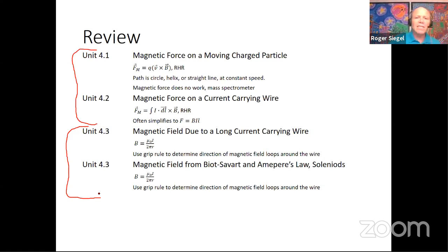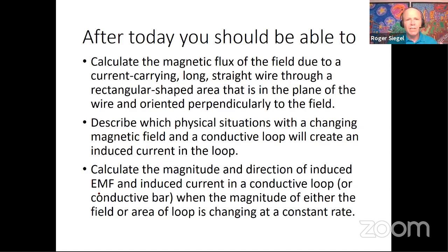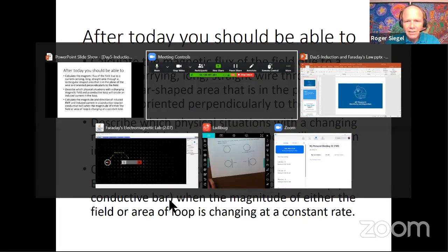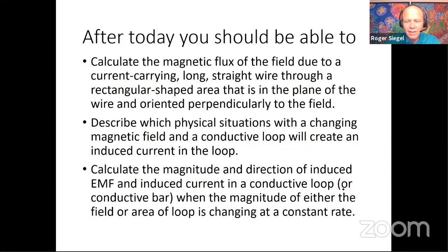And now today, we're going to start to talk about magnetic induction, okay? Now, I want to go ahead and get back here because I want to look at you guys. So magnetic induction is actually how electricity is created.